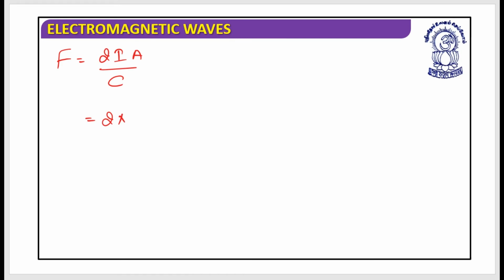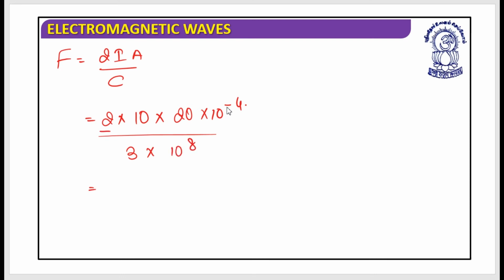So this is equal to 2 into intensity, and that intensity is 10 watt per meter square, into area, which is 20 into 10 to the power minus 4, divided by c, the speed of light, which is 3 into 10 to the power 8.